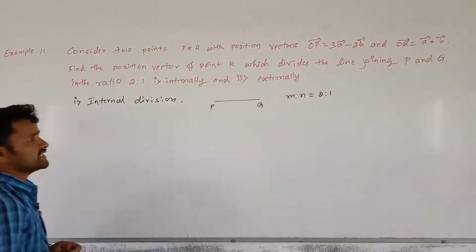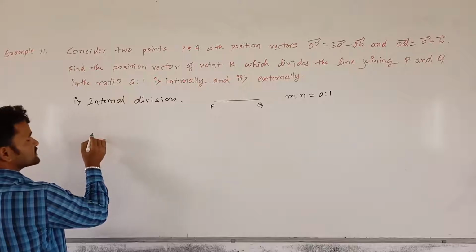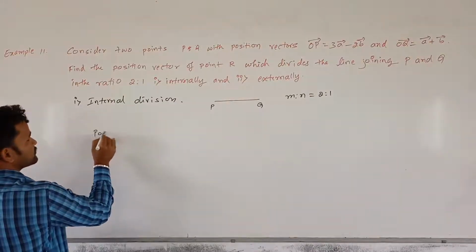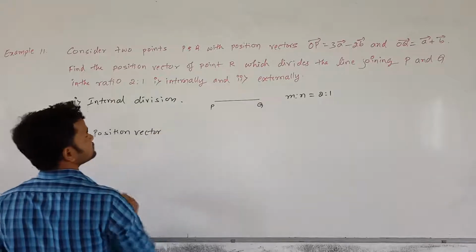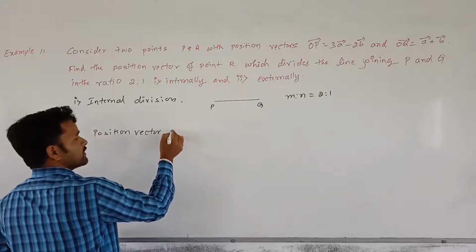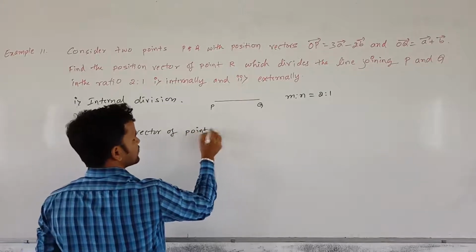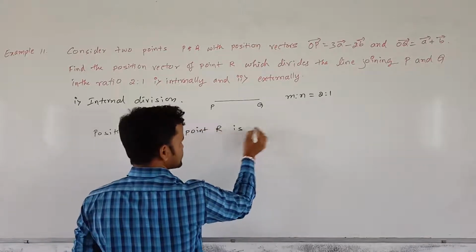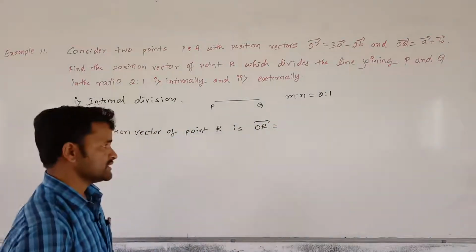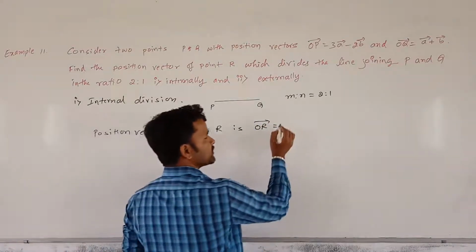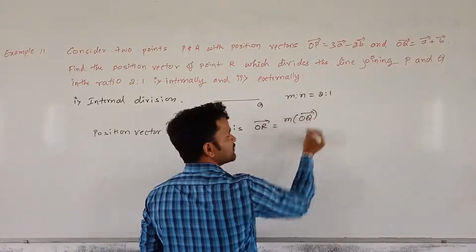Now first case, internally. What is that internal formula? The position vector of point R is vector OR. Vector OR is equal to, how we should remember the formula: m into the position vector of the second point.